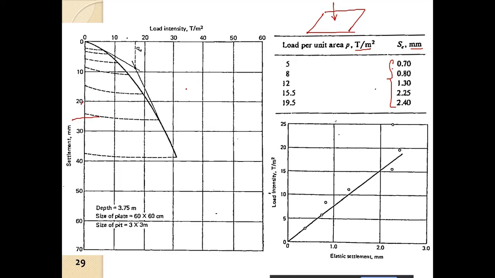When there is load, there is settlement, and then the load is released, so the plate first settles, then it goes up a little bit. The amount it goes up is measured and plotted against the load, and we obtain Cu.